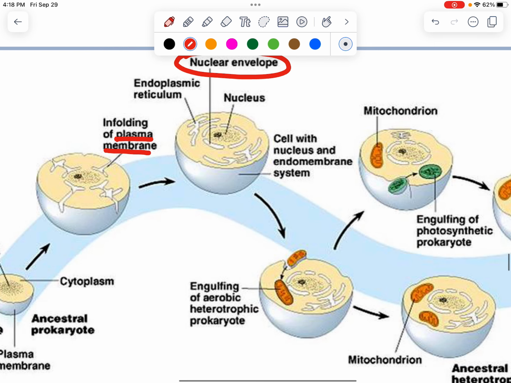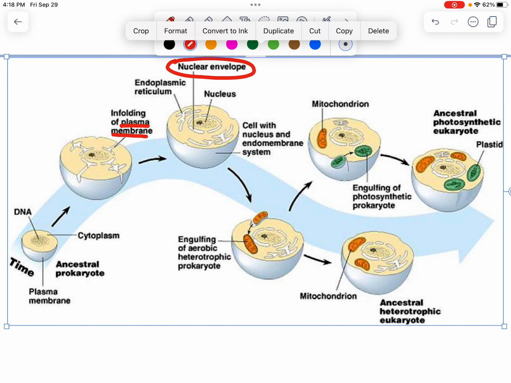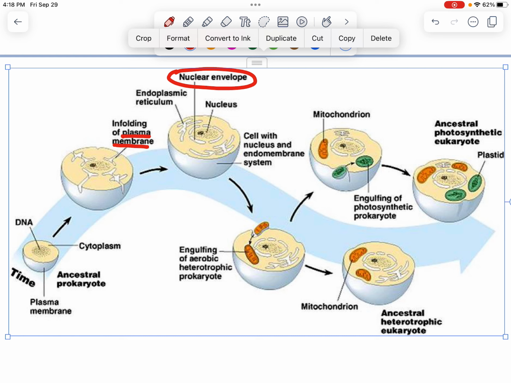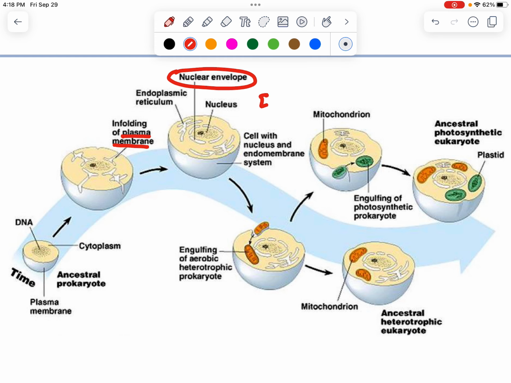But it happens like the invagination of the cell membrane also produces the endoplasmic reticulum and the Golgi, as well as the lysosome. It comes from the outer membrane of the cell.